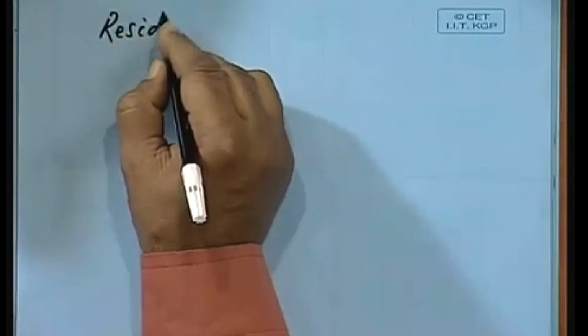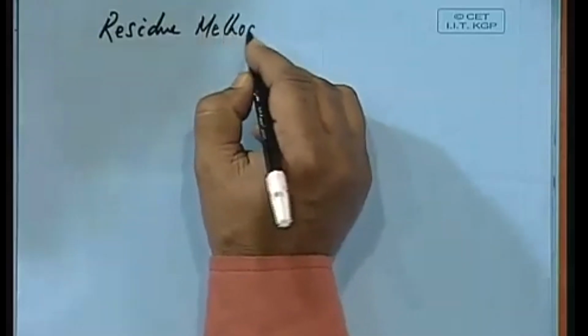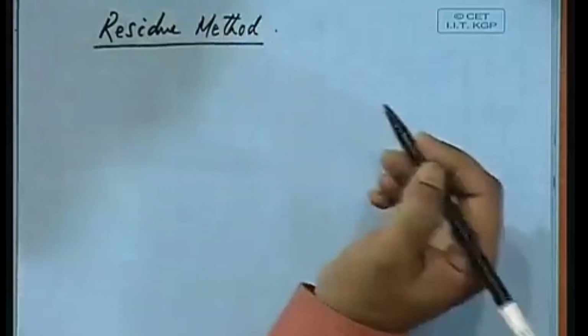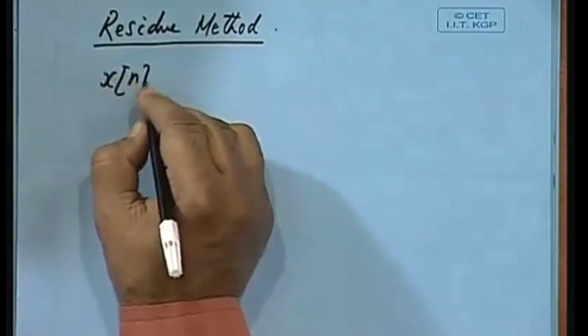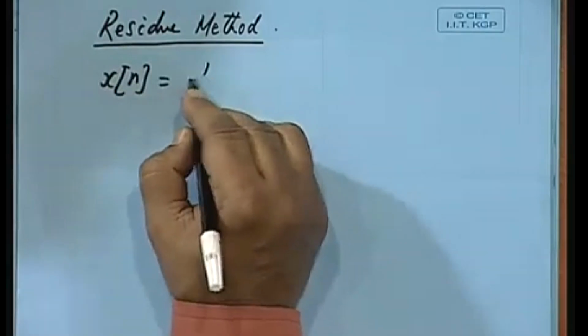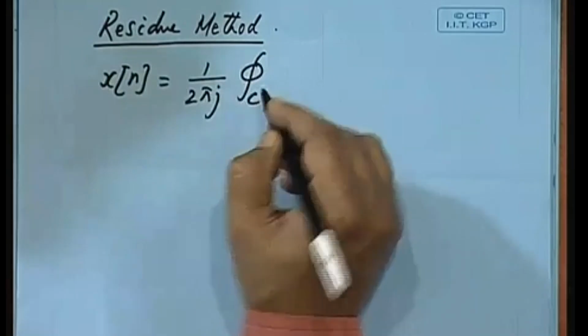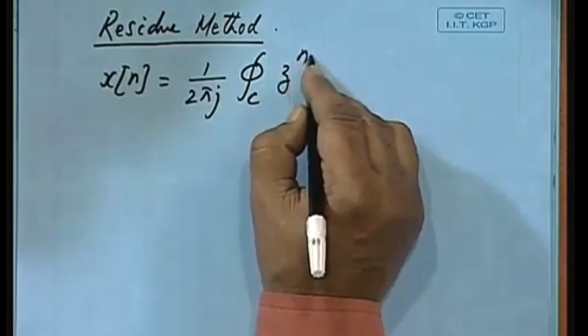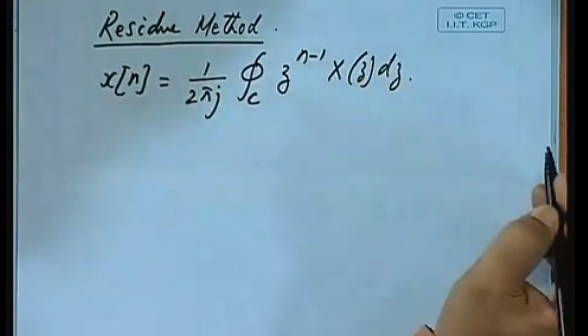We were discussing the inverse Z transform. The last method, that is the residue method of computation, we will discuss today. The sequence x[n] is obtained by evaluating this integral of z to the power n minus 1 times X(z) dz.